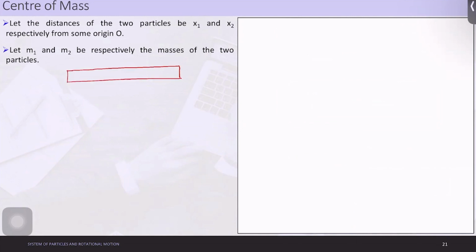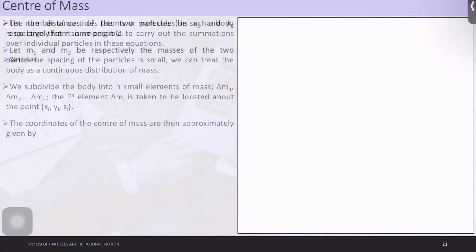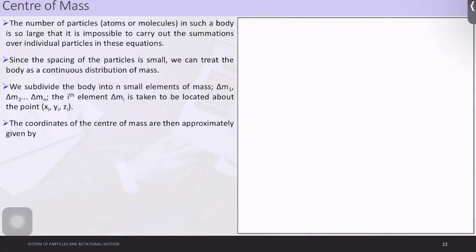Every time we cannot keep on summing these very small pointed particles. If we take some particle in this sequence, that thing is only implemented here. I would start from this location only. So the number of particles or atoms in such a body, as in, let us take this wheel, or let us take this as mass. Okay, so the amount of small particles to be added would take a large time to get the center of mass.